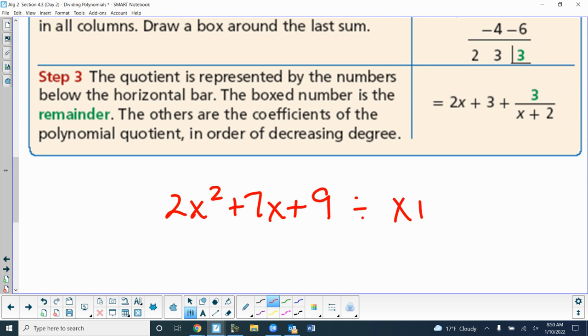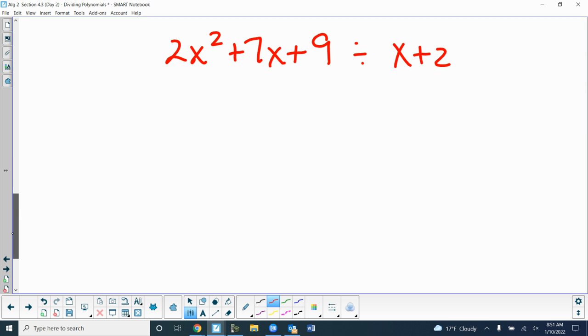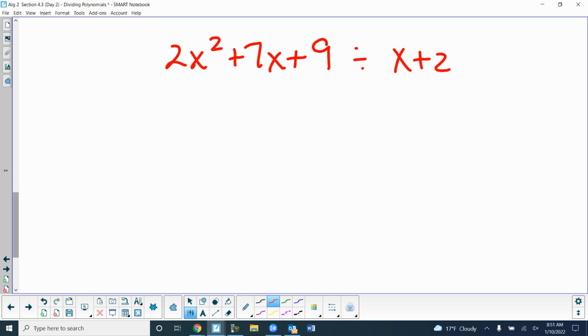So here's our binomial, x plus 2. It's always going to be something that easy. It's not going to be anything bigger than that. Just a 2-term binomial, and it's usually just 1x plus something. Okay? All right. So here's what we do.